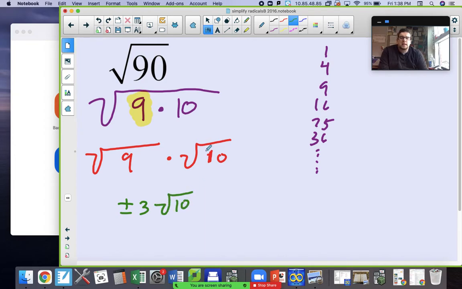The square root of 10 is not perfect, so we can't do anything without making a decimal. So we tack it on to the end, and there is our answer. Simplifying it from the square root of 90 down to 3 square root of 10. This makes our numbers smaller that we have to deal with.